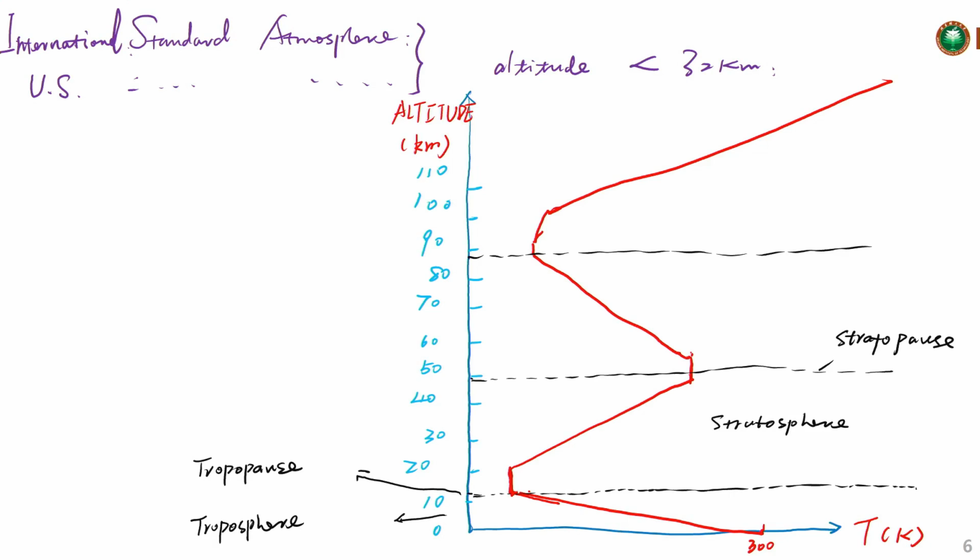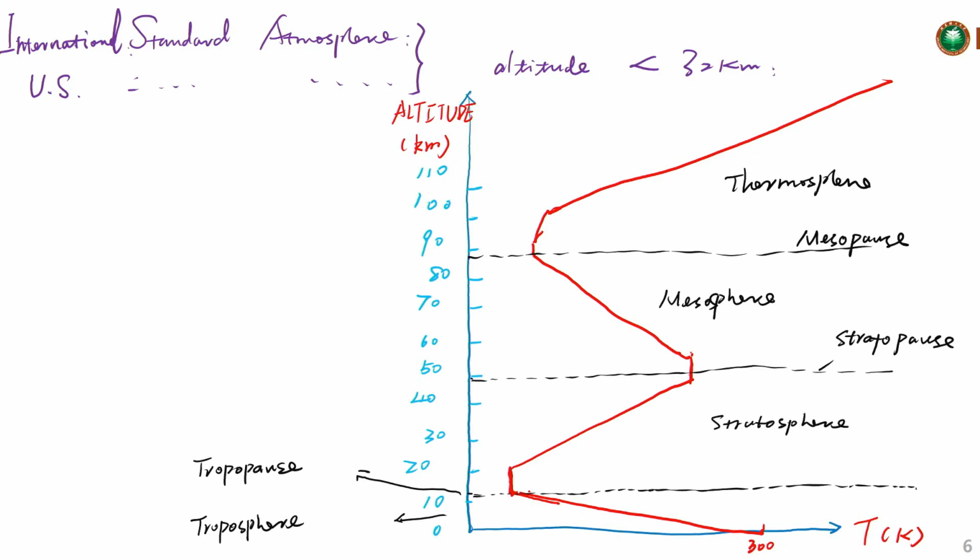The third layer is called the mesosphere, and the top of it is the mesopause. Each turning point is the separation of the atmosphere. And the last layer is the thermosphere, and it extends to deep space, until there is no air.